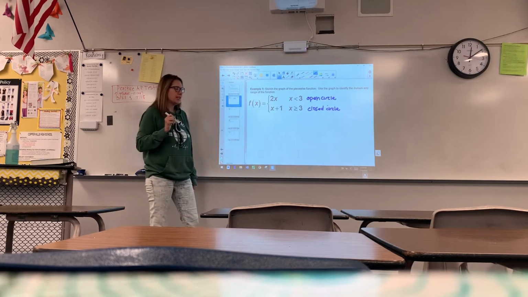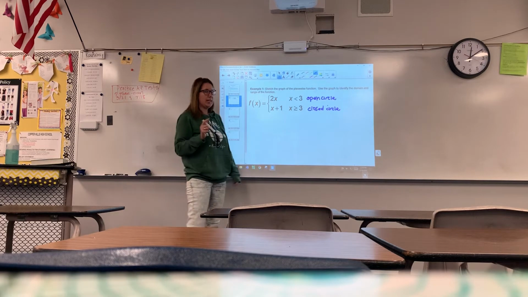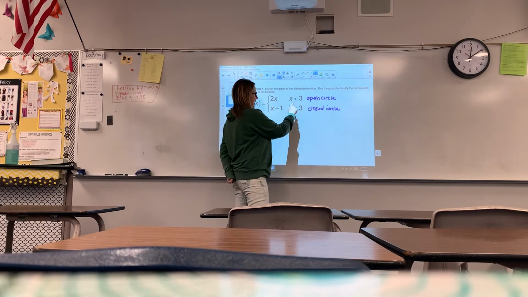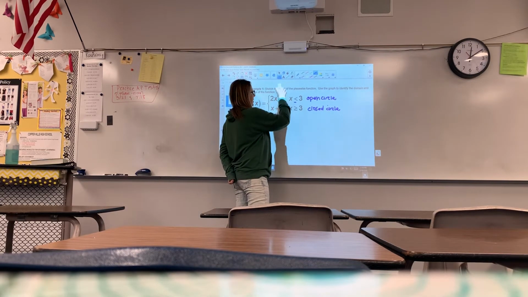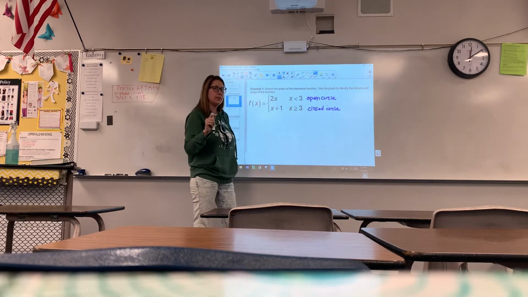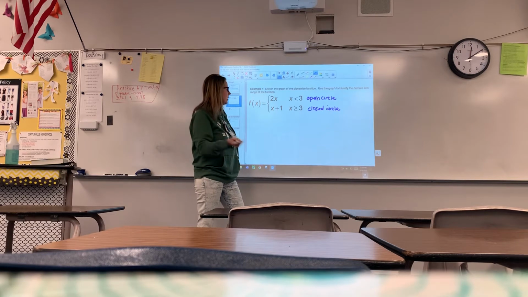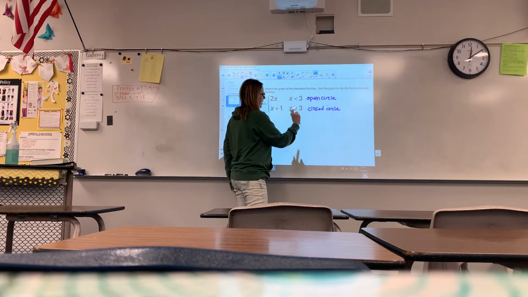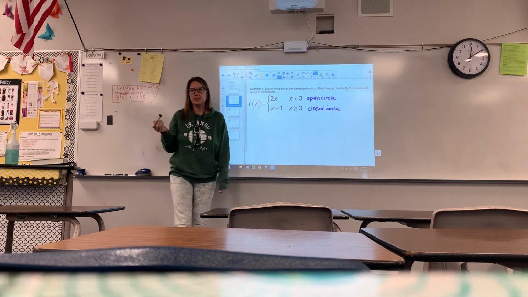So if it does not have the line underneath it that stands for equal to, then it would be an open circle. It means it does not include that number. And if it has the line underneath it, then it's a closed circle and it does include that number.